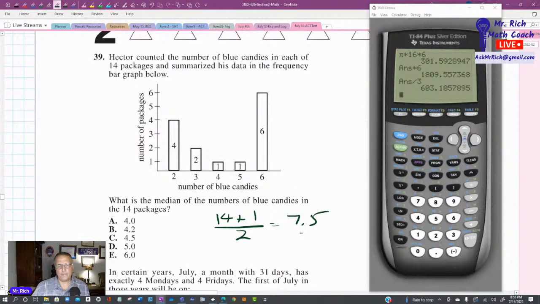So it's going to be the mean of the 7th and 8th, right? If I count from the bottom, 4, 5, 6, this is the 7th, that's the 8th. So it would have to be the mean of 4 and 5. So 4.5 is the median. I feel very confident in that.